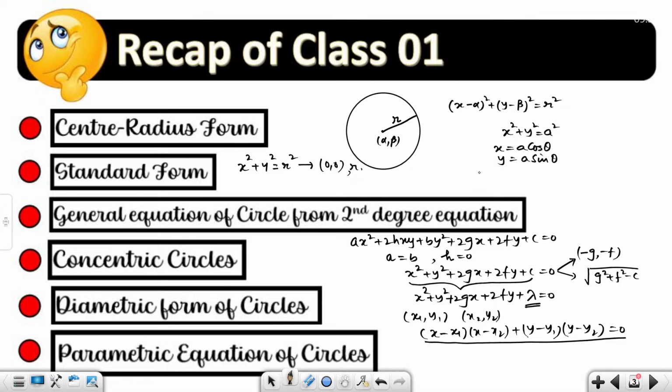Moreover, if we have a circle in the center radius form like this, then its parametric form will be x minus alpha is a cos theta, which implies x is alpha plus a cos theta, and y minus beta is a sin theta, that implies y equals beta plus a sin theta. So this is the parametric equation of the circle.